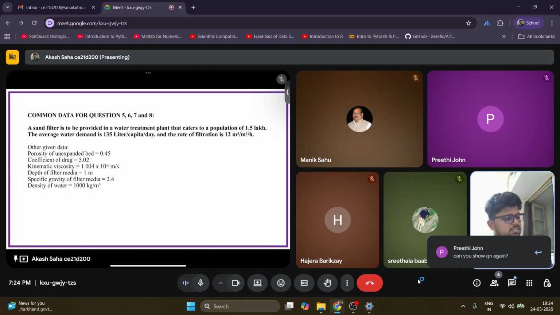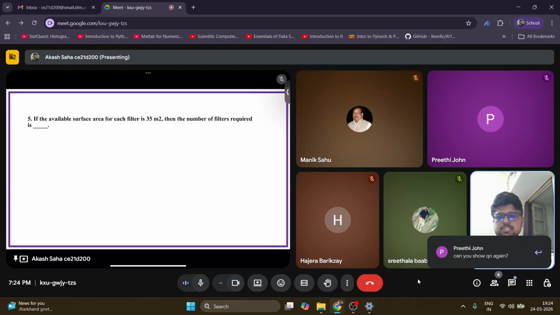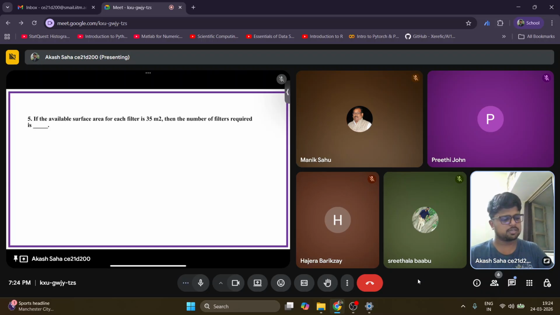Okay, question is, if the available surface area of each filter is 35 meters square, how many filters will be required? So whatever the area you are getting, just divide it by 35. You will get your answer.